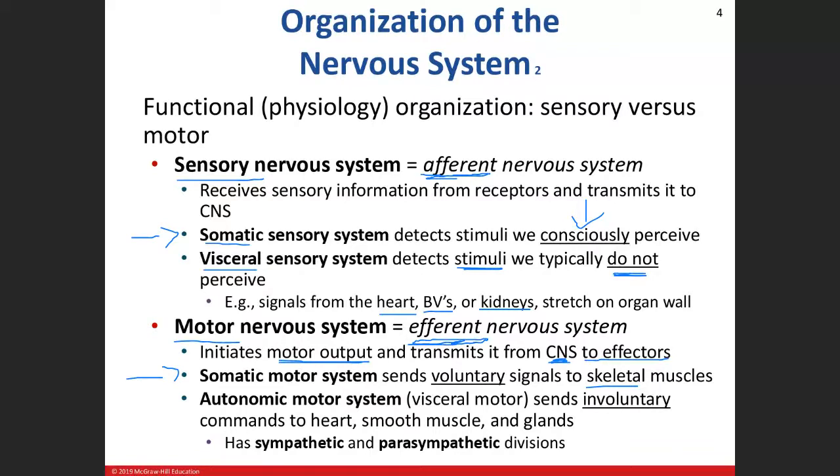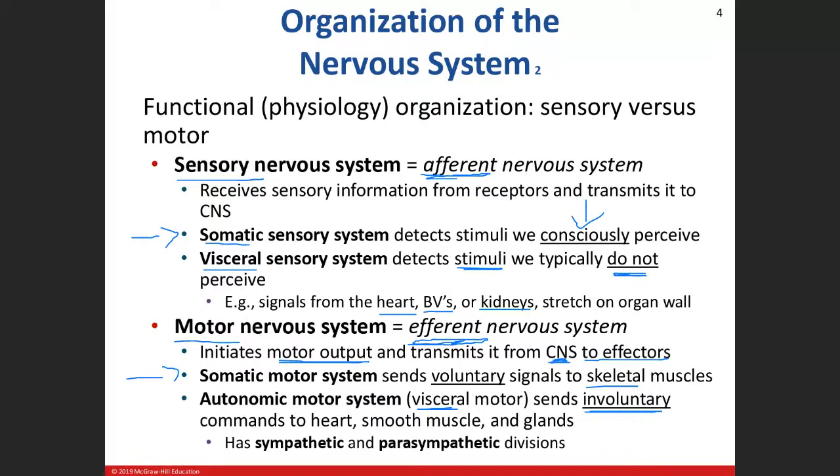Autonomic, it's like autopilot. This is going to be your visceral motor. This pertains to anything that is involuntary. So what's involuntary? Smooth muscle. You can't control smooth muscle contractions. Heart muscle, you can't control your heart rate. You start to exercise, try keeping your heart rate low. You can't do it. And then the glands, endocrine glands, exocrine glands.